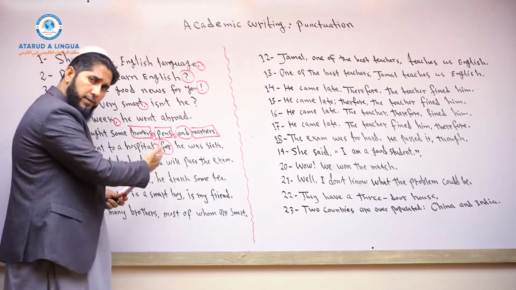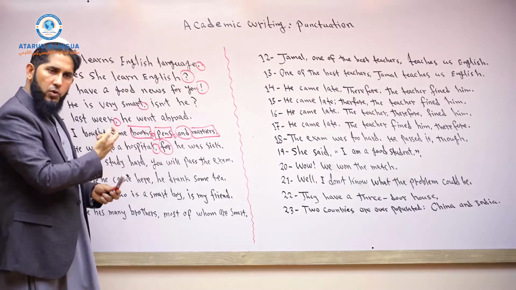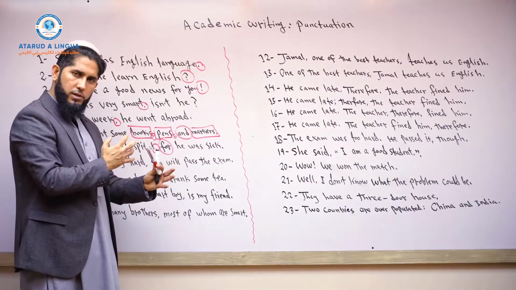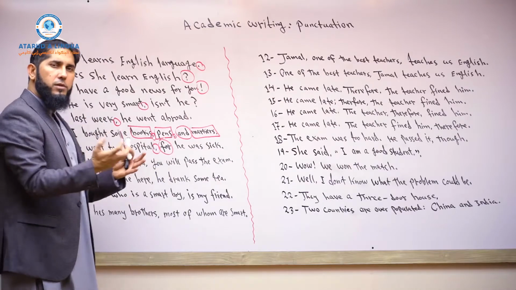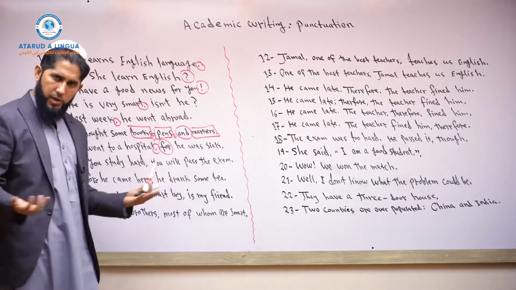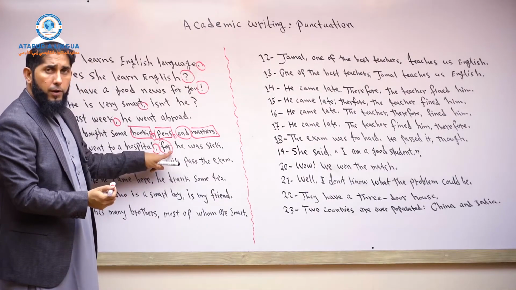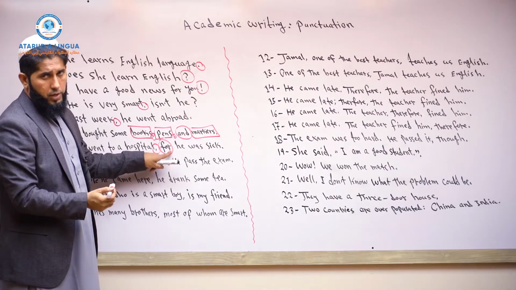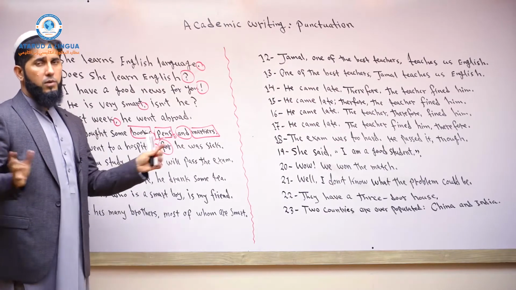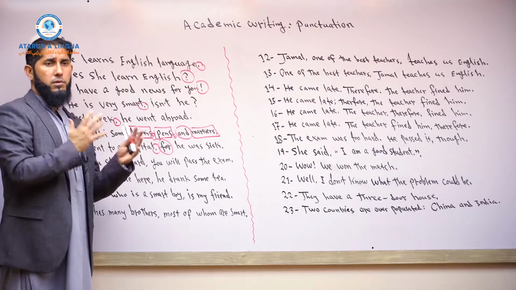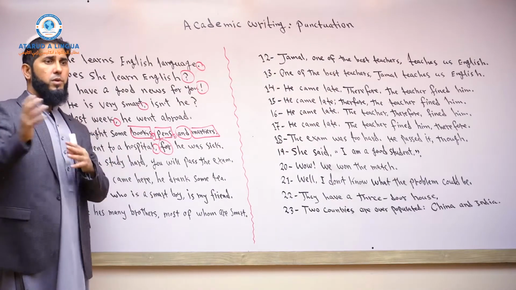Now, if you have but, if you have and, if you have so, all of these fanboys conjunctions in compound sentences, while you are trying to combine two independent clauses or two simple sentences, you need to use a comma before these conjunctions, okay? As well as when you're trying to combine two simple sentences using paired conjunctions, both and, neither nor, either or, not only but also.